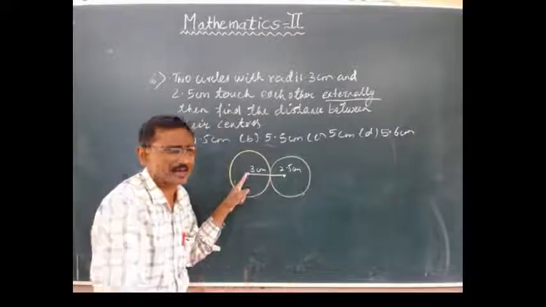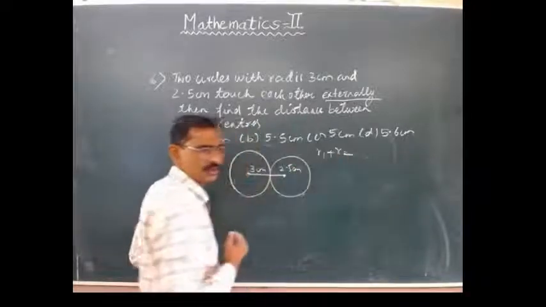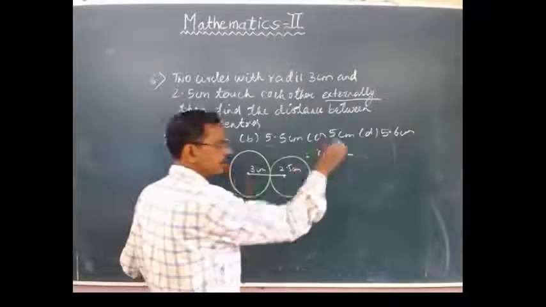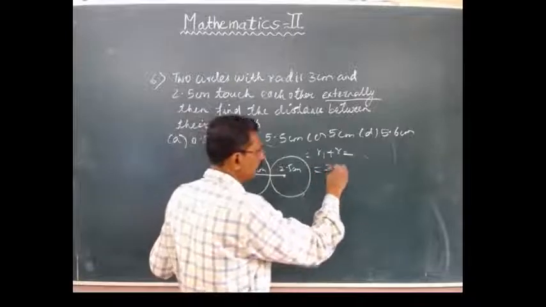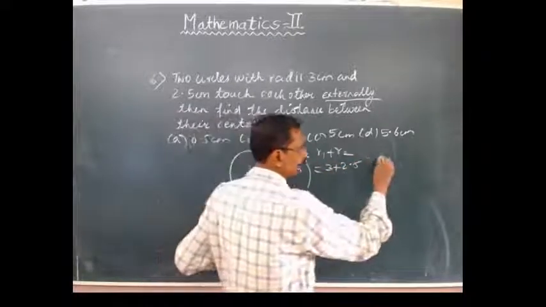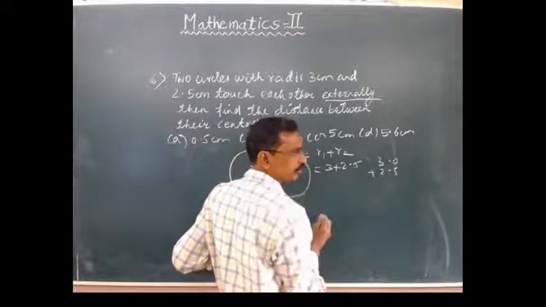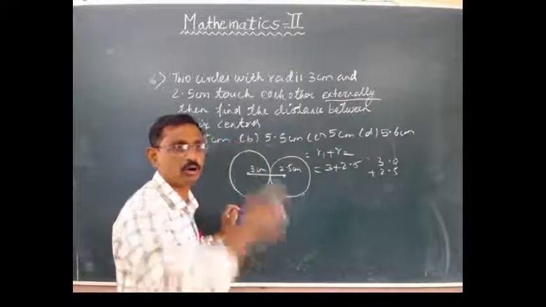Now the circles touch each other externally. Looking at this, we can find that the distance between their centers is R1 plus R2, which is equal to 3 plus 2.5. How to add this? Put a point and a 0 here, because 3 is 3.0.